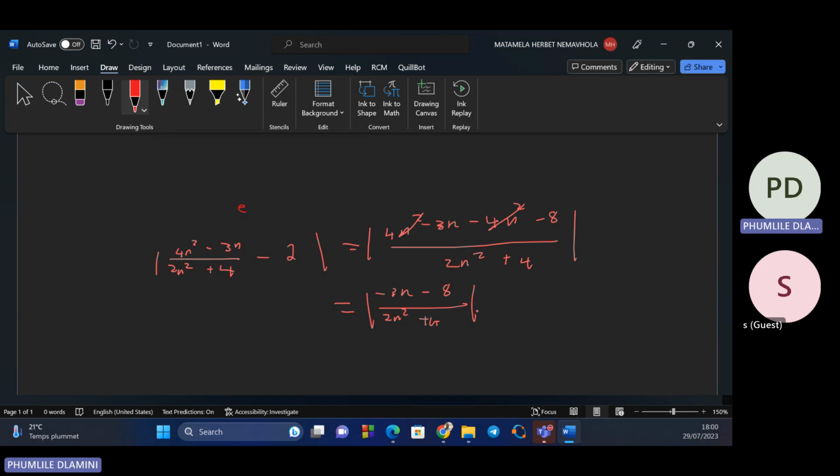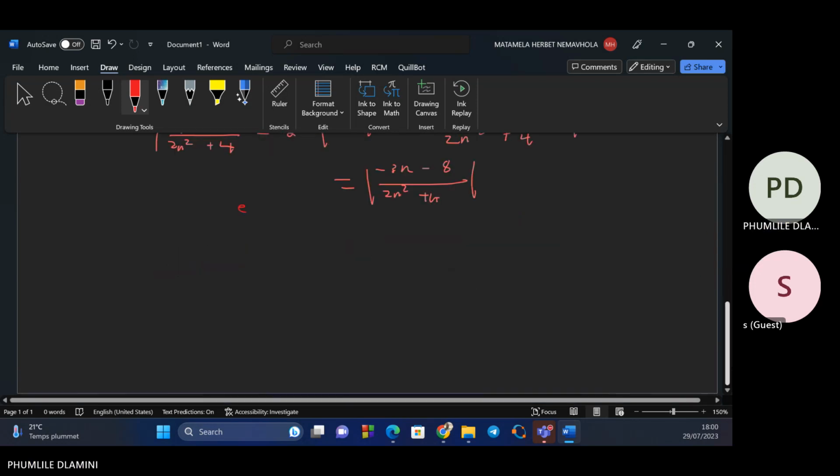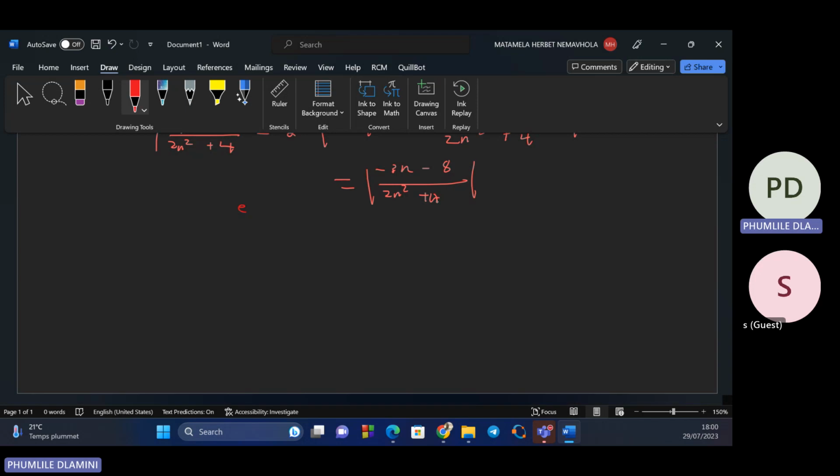Then when we're left with that, we will have to find something.